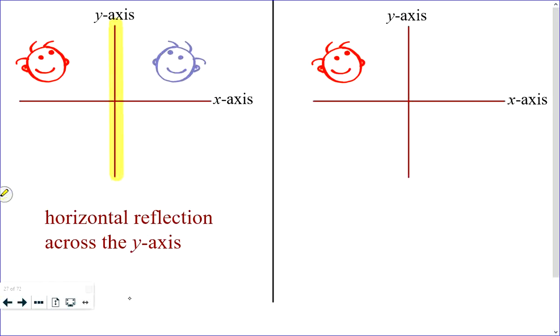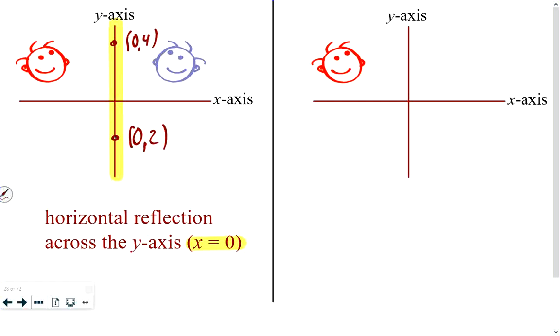Now, here's where you can double psych yourself out, because the equation of the y-axis is x equals 0. A horizontal reflection is across the y-axis, but the equation of the y-axis is x equals 0. That's how easy it is to mix up the coordinates here. The points are (0, 4) and (0, 2). These points have x coordinates of 0.